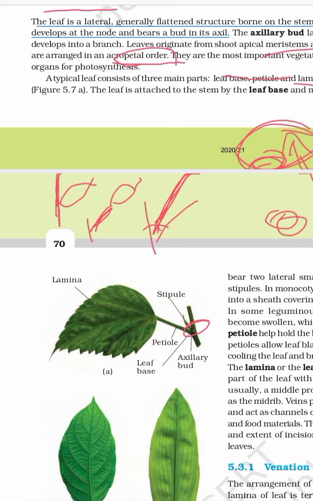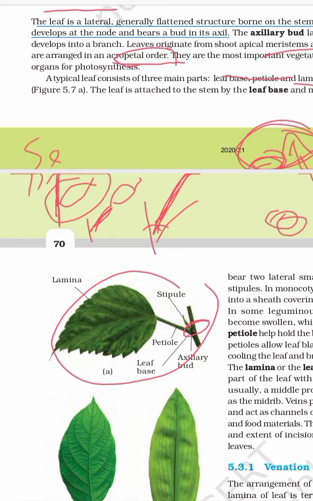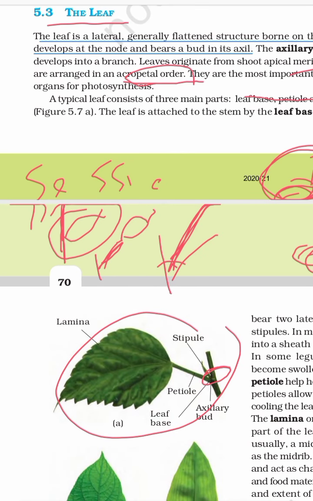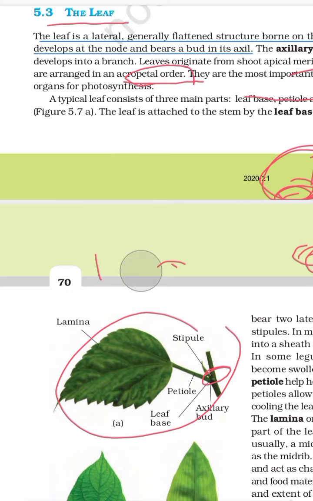It is a cylindrical, smooth stalk of the leaf, which holds the leaf and connects the lamina with the base. A leaf having a petiole is called a petiolated leaf, and leaves without it are called sessile leaves. Sessile leaves do not have a petiole. So there are two types of leaf according to the petiole: petiolated and sessile.